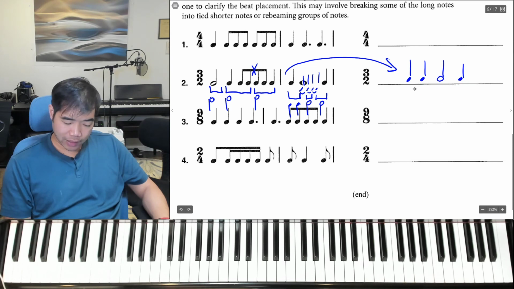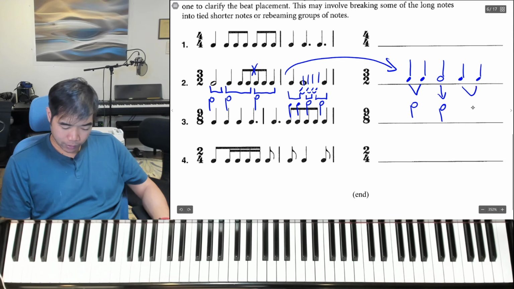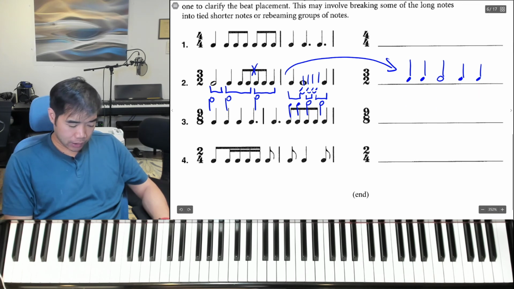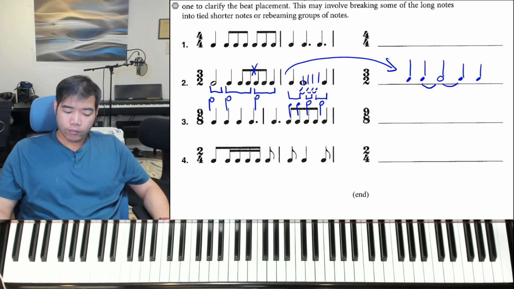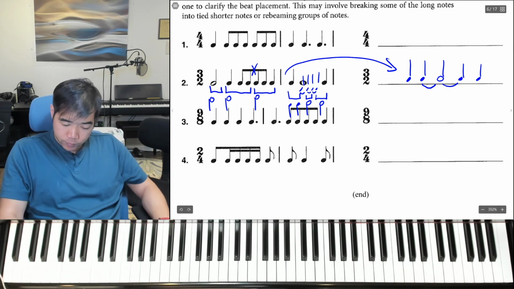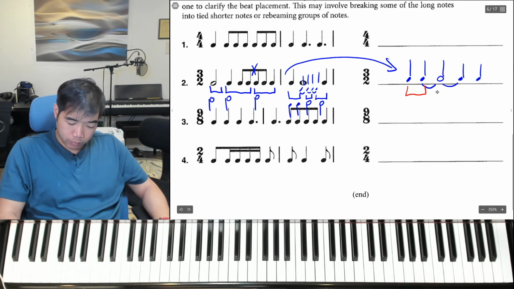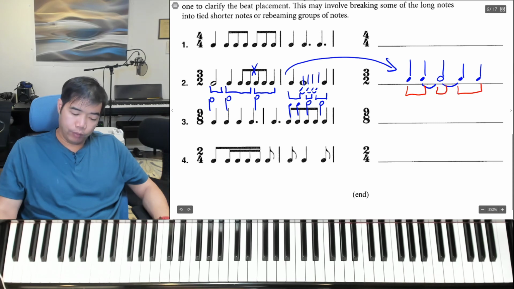And I'm writing it that way because, look, you've got a half note here. This is a half note. And then finally, we have a half note here. 3 half notes are displayed. The last thing to do is to add my ties. Well, this is a whole note, so it must be tied thusly. Now, it's clear to read. 1, 2, 3. We got 3 beats.